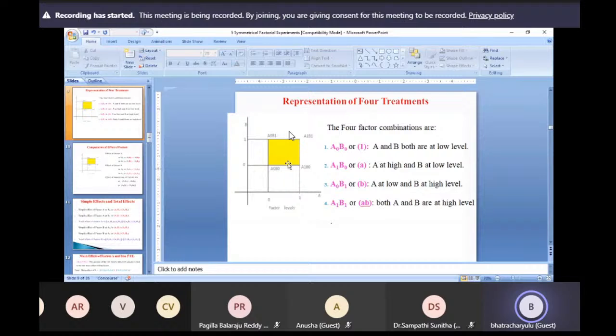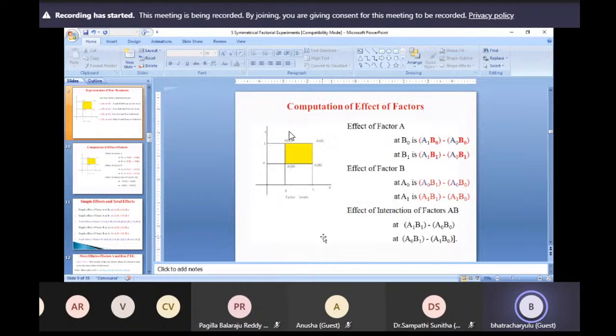Now I want to find out the differences. What is the effect of A or what is the effect of B? So how do you get the effect of A? The A effect you can find out by keeping the other level fixed. So A1 B0 minus A0 B0, this difference is generally said to be an effect.